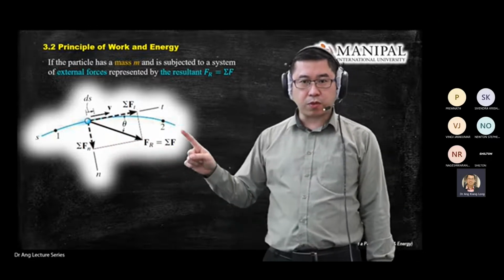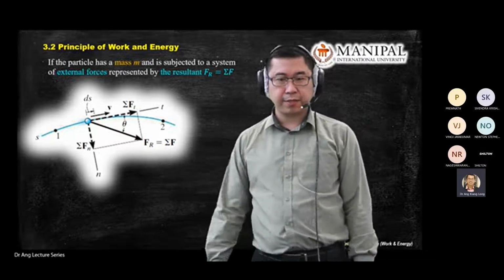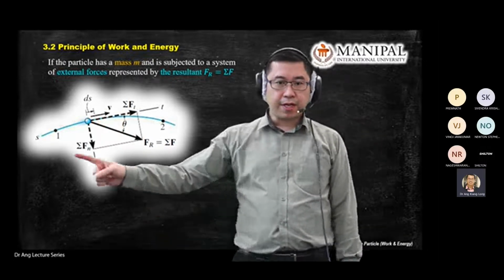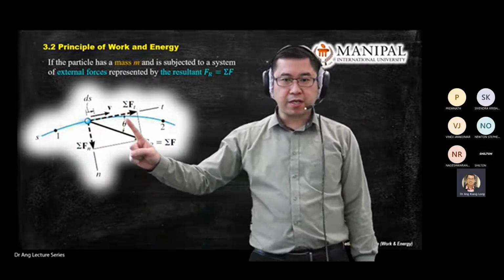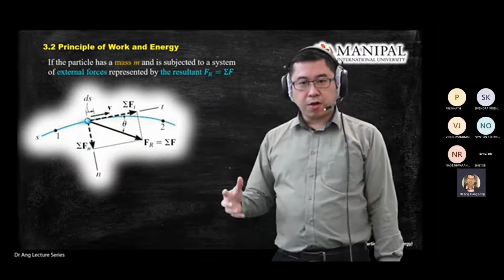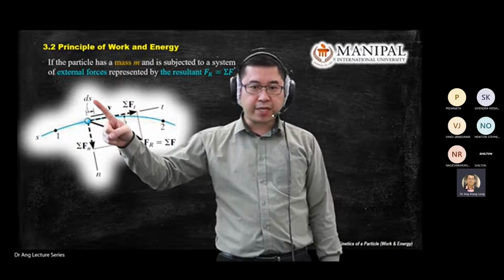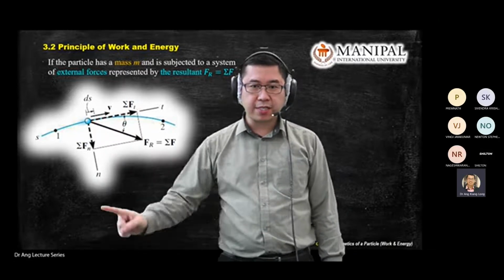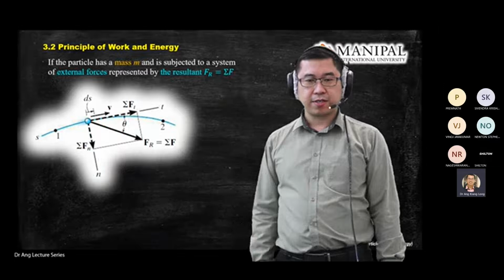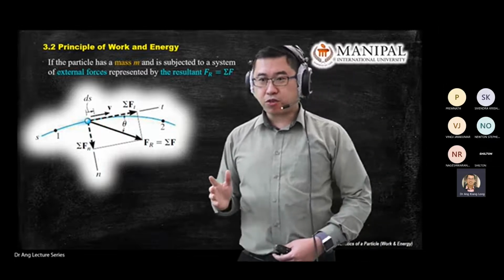which is equal to all the force acting on the object. And you know that every time we have a curvilinear motion, or object that moves in a curve, we will always automatically have normal axis and tangent axis. Okay, we have come to chapter 3 already.